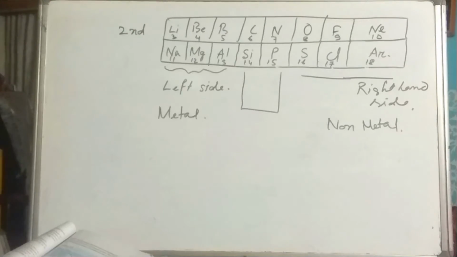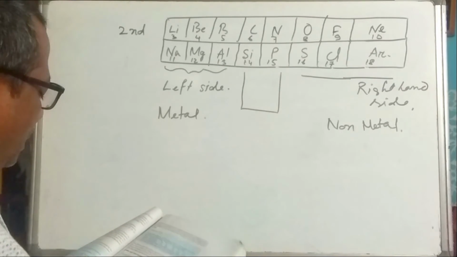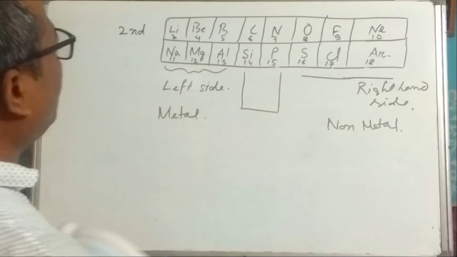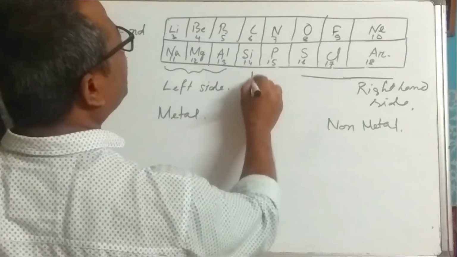And in the middle we have silicon, which is classified as semi-metal or metalloid because it exhibits some properties of both metal and non-metal. Now, in the middle, what is there? Silicon.